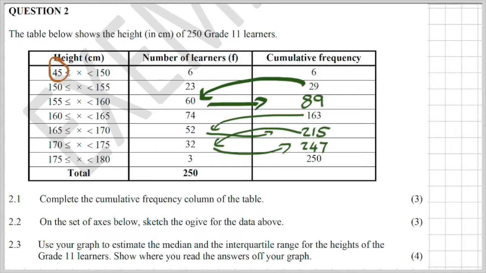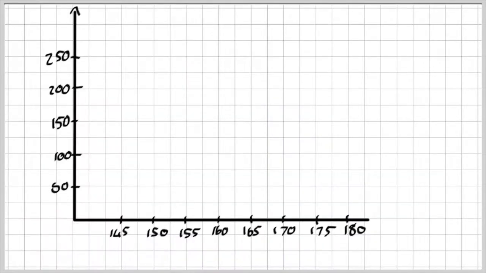So I'm always going to start off there. Then I'm going to use the endpoints, so the 150 and the cumulative frequency column. I'm going to plot those there and draw a freehand sketch.